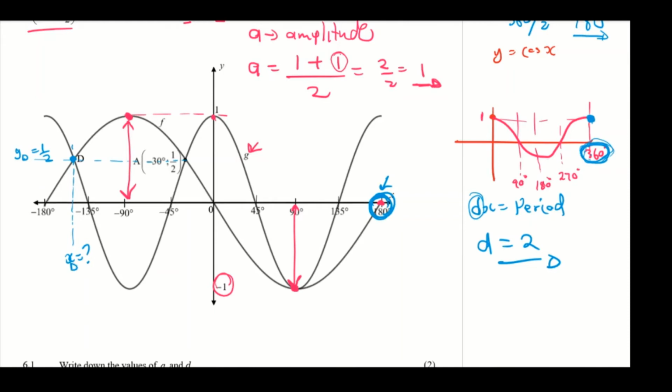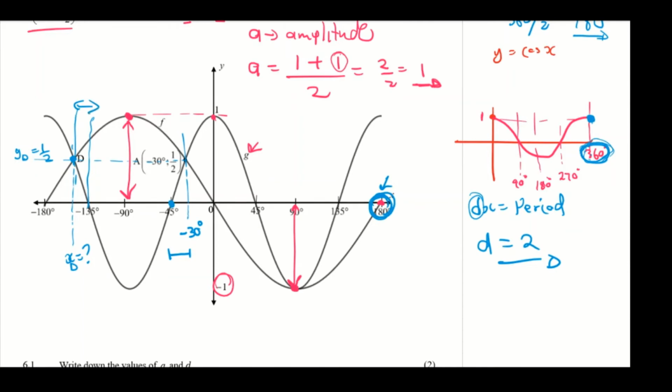So for us to find it, since a is in line with d, and we see that here it's 45 degrees, but here the x value is minus 30 degrees, right? Let's find the difference here, which should be equal to this difference that exists here, right?